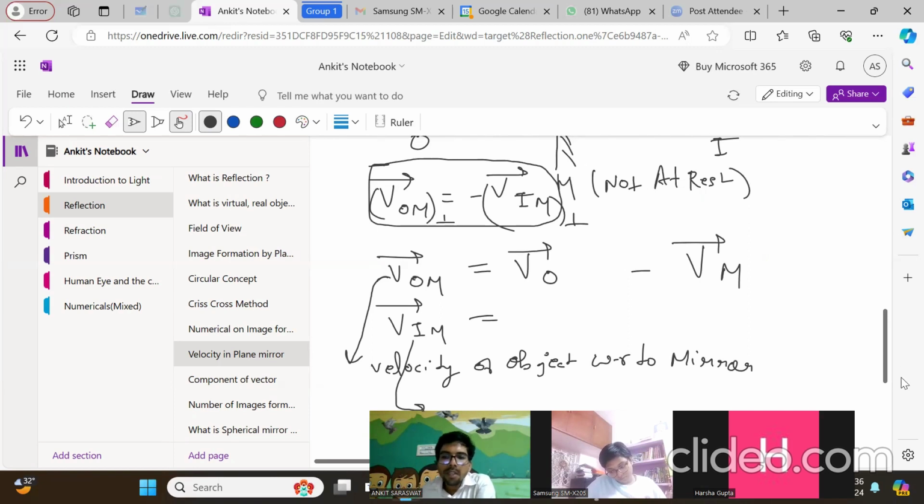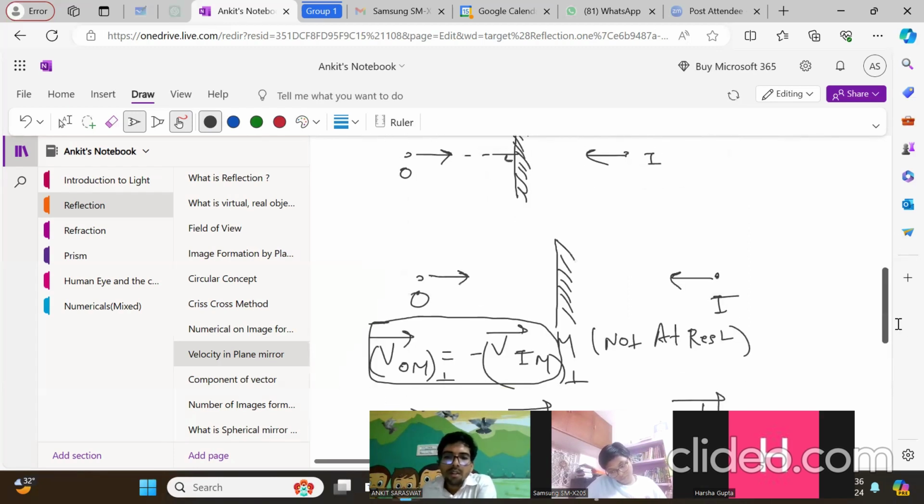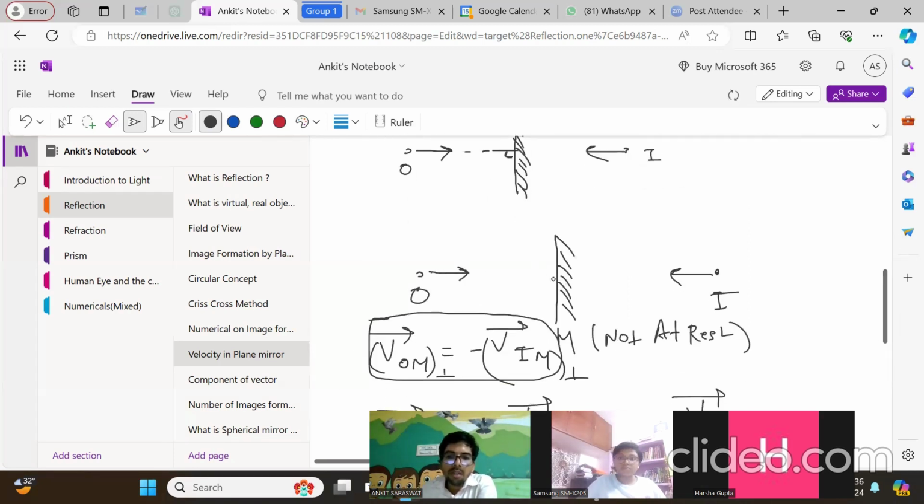So whenever I am saying with respect to, where is my observer? I gave one example like a train. In the train, ABC observers are there and one observer is at the station.